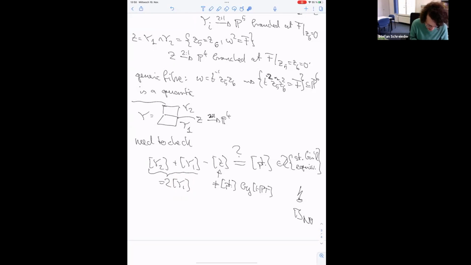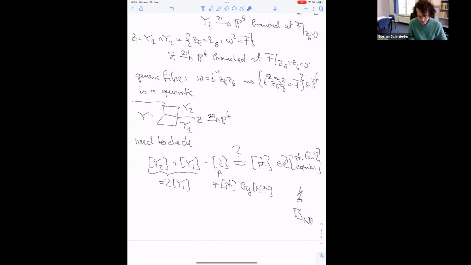So 2 times y1 minus z would be the class of a point, because z is not the class of a point. And one way of seeing this is that if such an identity would be true, I can tensor everything with Z mod 2, just in this free abelian group, and this would go away.